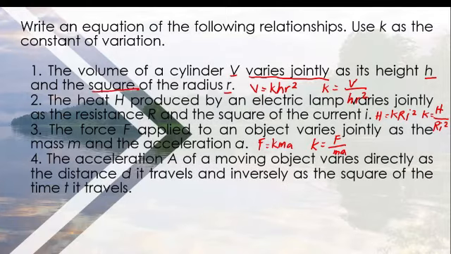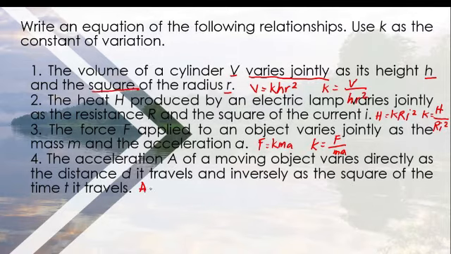So, that is our constant of variation. Next. The acceleration A of a moving object varies directly as the distance d it travels and inversely as the square of time t it travels. So this time we have here the combined variation, which is the combination of the direct and the inverse variation. So let's follow the condition. So the acceleration A, so yun yung unang variable.